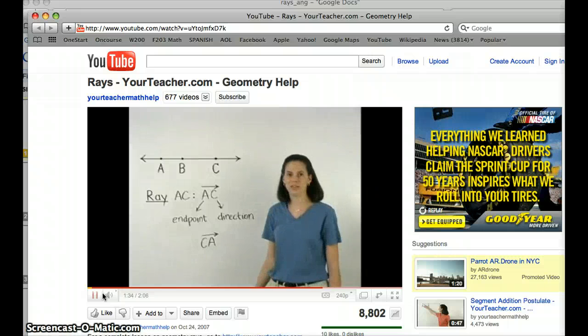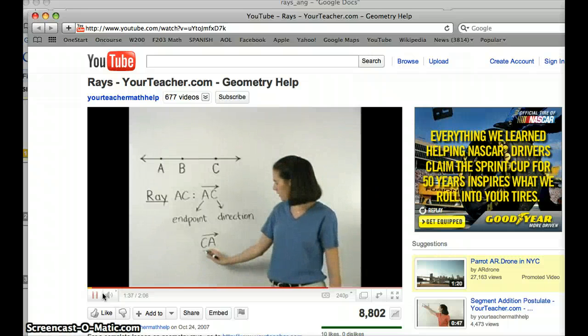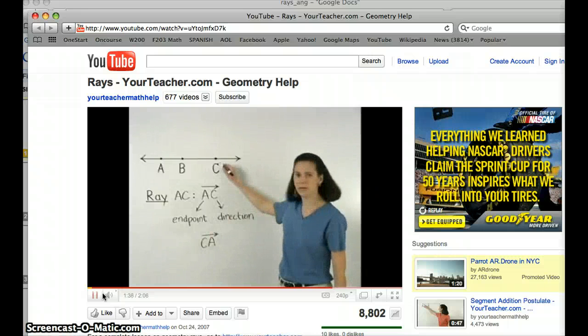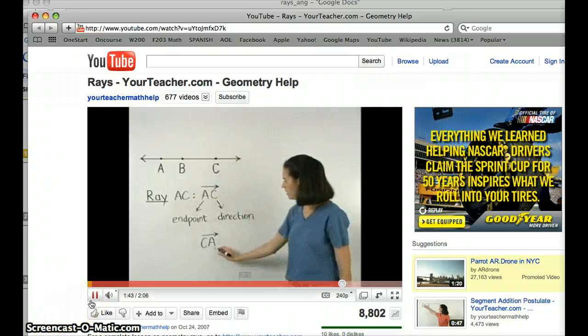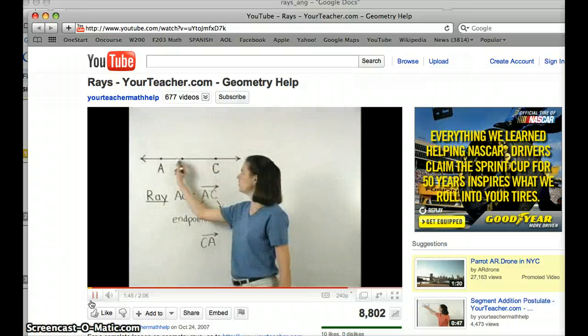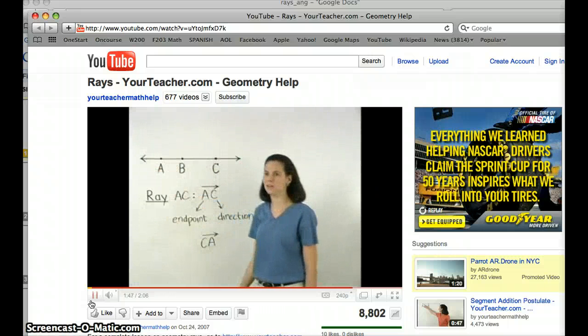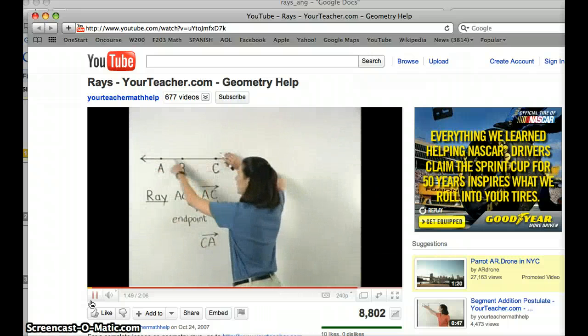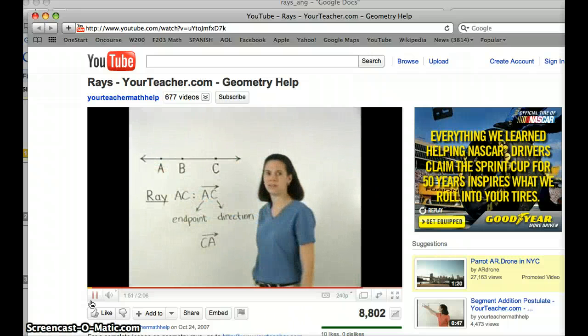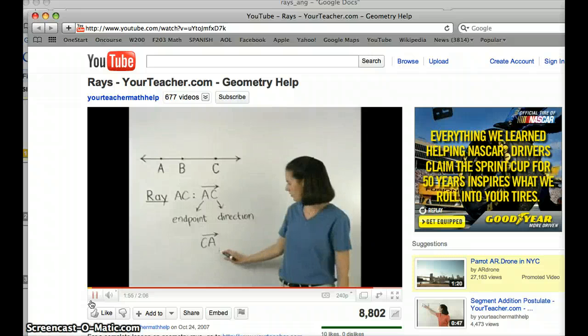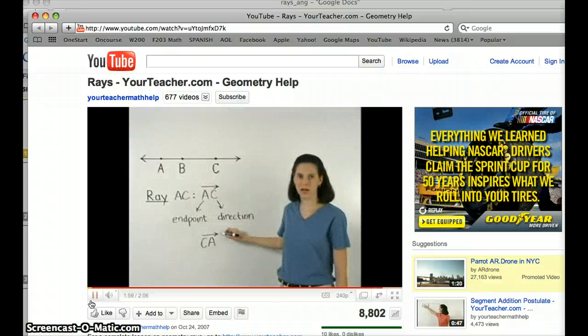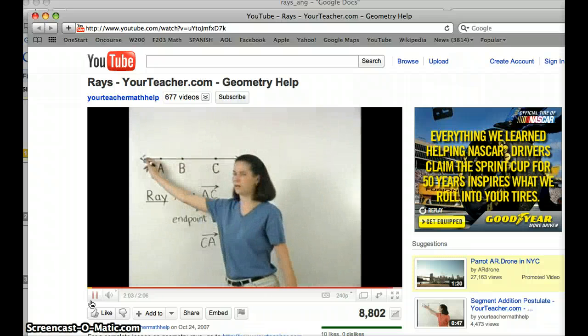In this case, since the first letter is C, our endpoint would be at C. And since the second letter is A, the ray would go in the direction of point A. So ray CA is going to the left. Note that when representing a ray, such as ray CA, the small arrow always points to the right, even if the ray itself is going to the left.